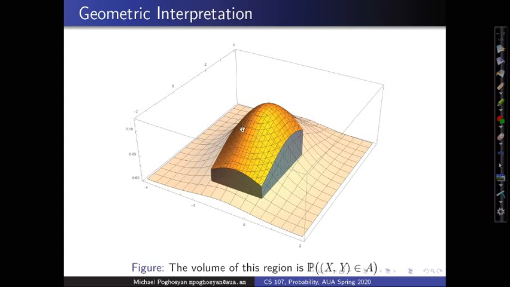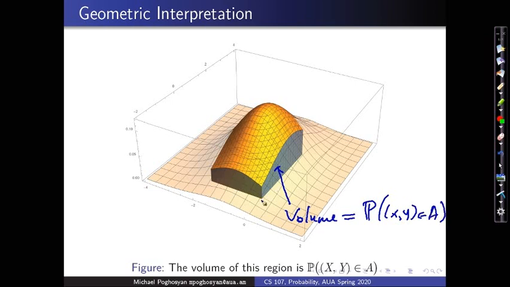So I'm calculating the volume of this three-dimensional body, and this volume is equal to the probability that (X, Y) is in that base A. A was the base for this body. Okay, and this is the surface z equals f(x, y). I will use this geometric idea of calculating volume to calculate some integrals. So let's move forward.